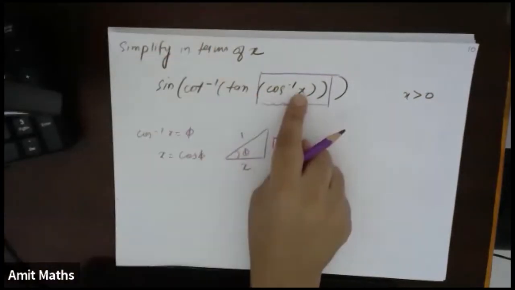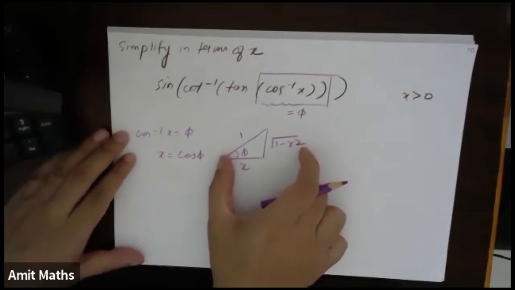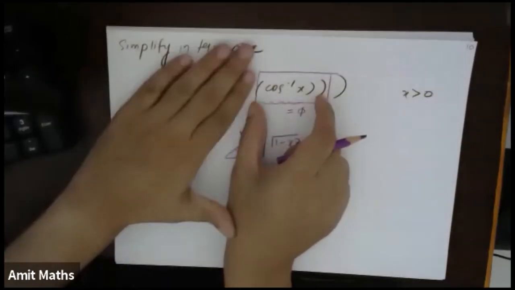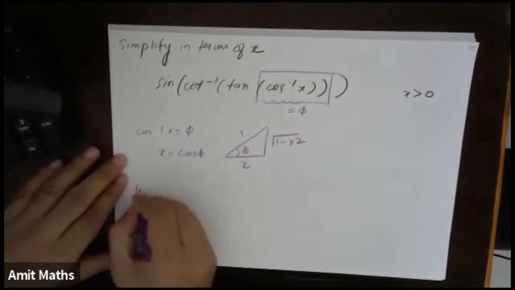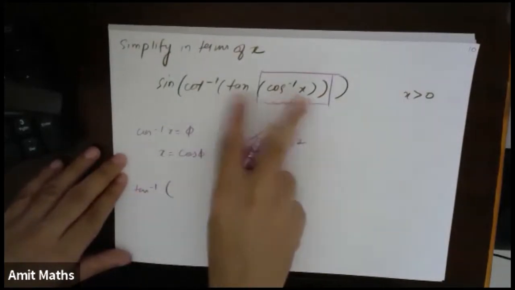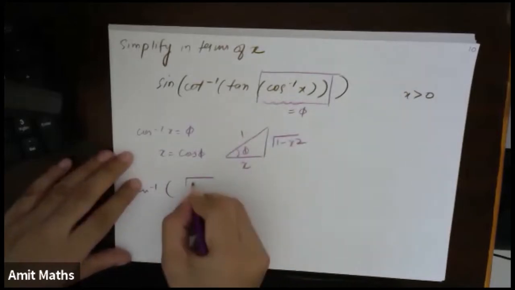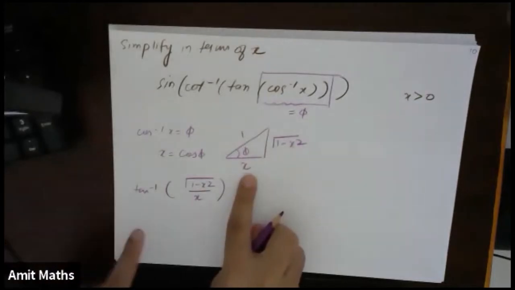So this can also be written in the form of tan inverse of root of 1 minus x square by x.